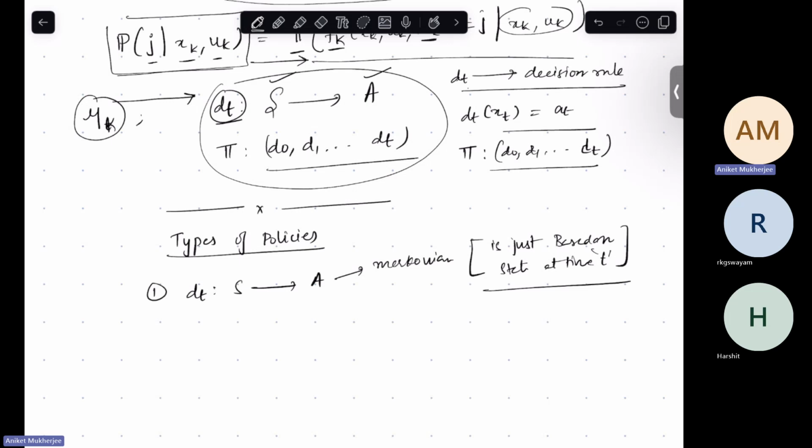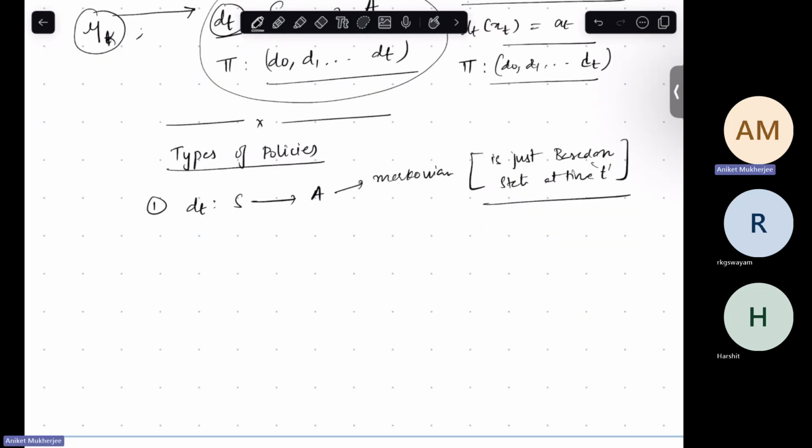If your decision is just based on your current state xt and nothing else, then your decision rule is a Markovian rule. And if all your decision rules are Markovian, then your whole policy is a Markovian policy.